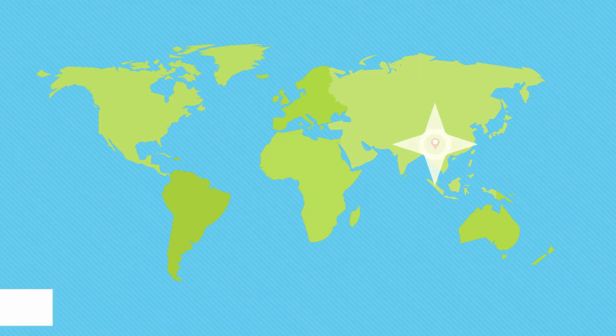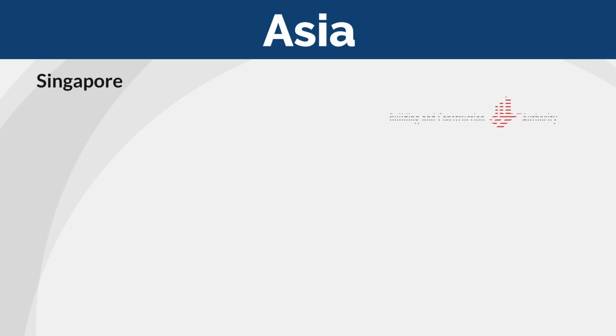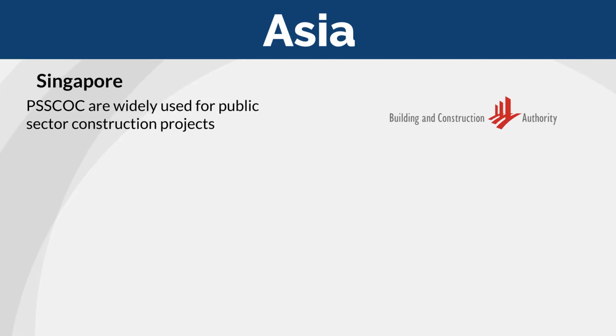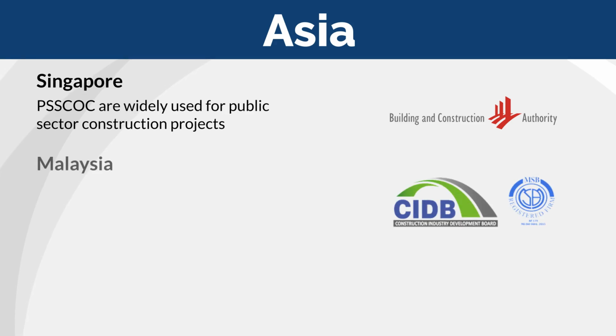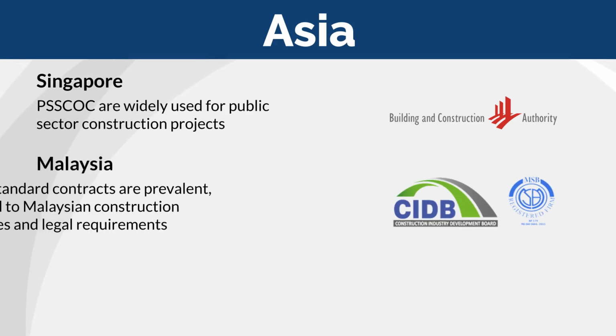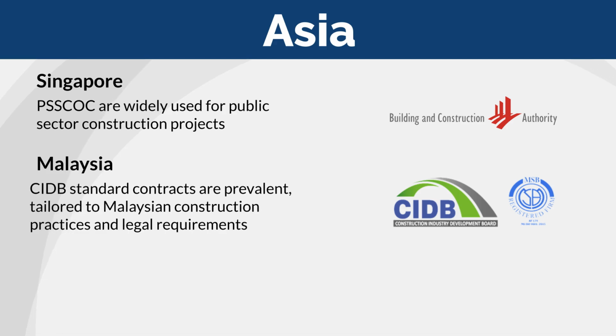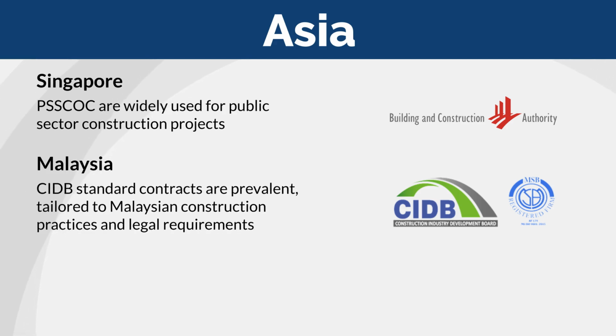Asia. In Singapore, the Public Sector Standard Conditions of Contract are widely used for public sector construction projects, integrating Singapore's stringent legal and procurement standards. In Malaysia, the Construction Industry Development Board standard contracts are prevalent, tailored to Malaysian construction practices and legal requirements.